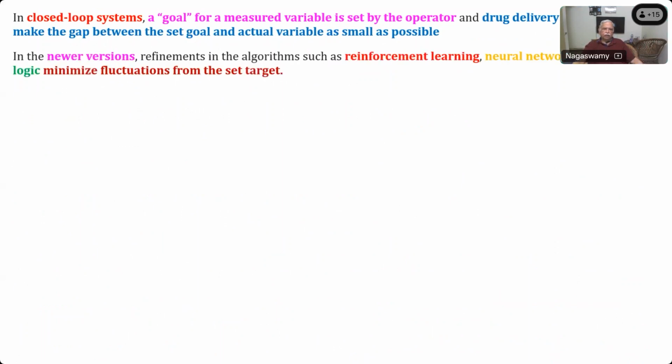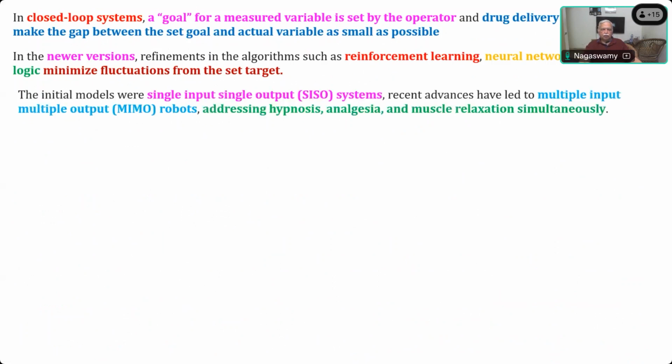So in the newer versions, refinements in the algorithms such as reinforcement learning and neural networks will help to minimize fluctuation from the set target that you have kept. And the initial models were single input and single output systems. That is, you were earlier measuring only the depth of anesthesia using BIS. That means it is a single input according to which output is given by the computer.